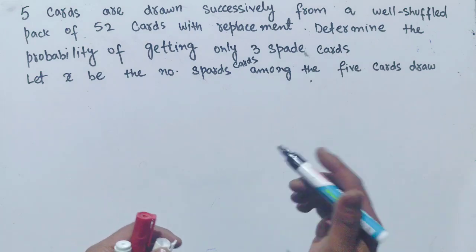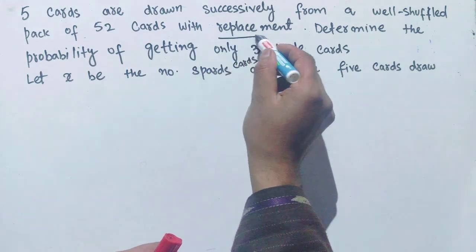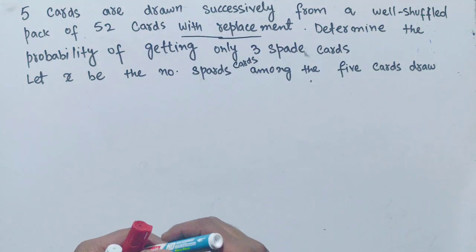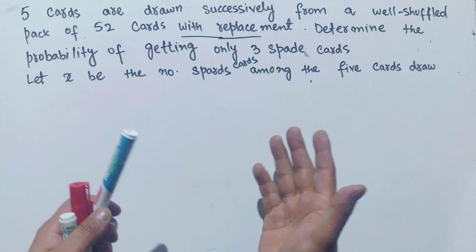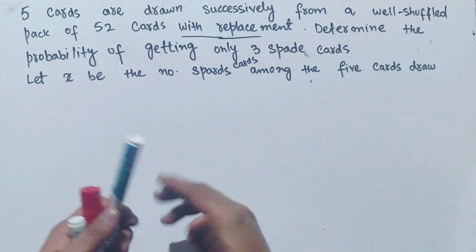Since cards are drawn with replacement, the trials are Bernoulli trials in this case.